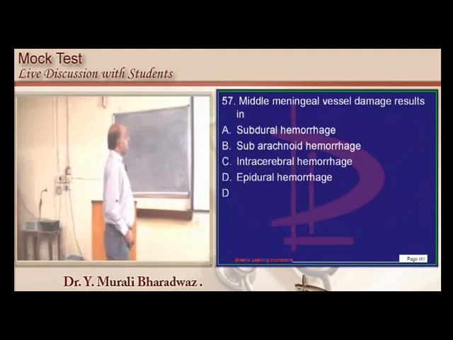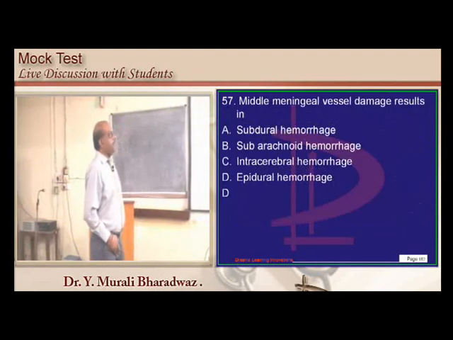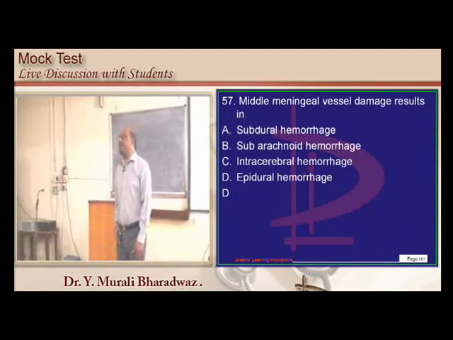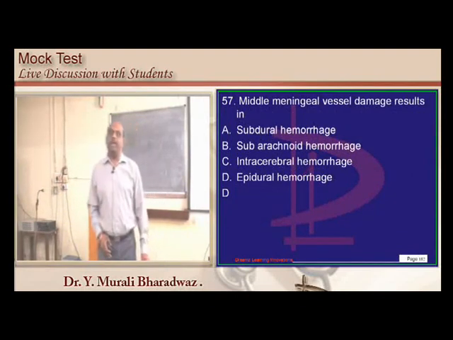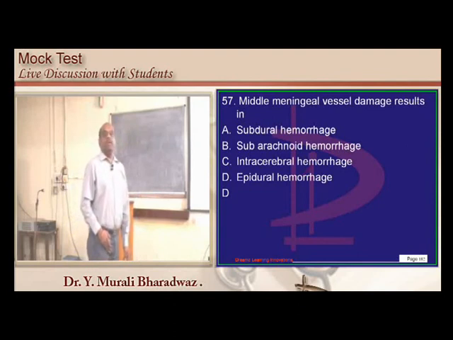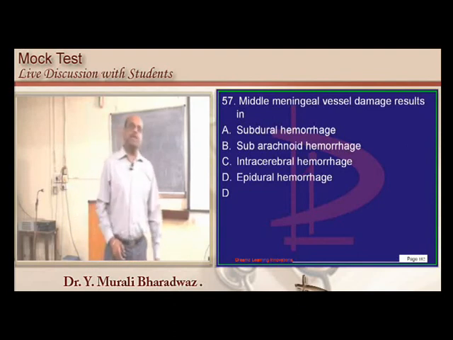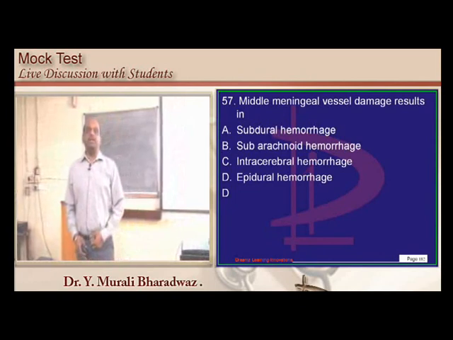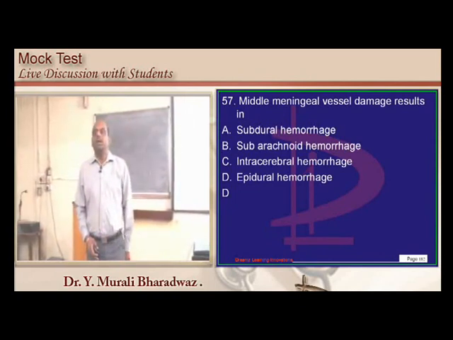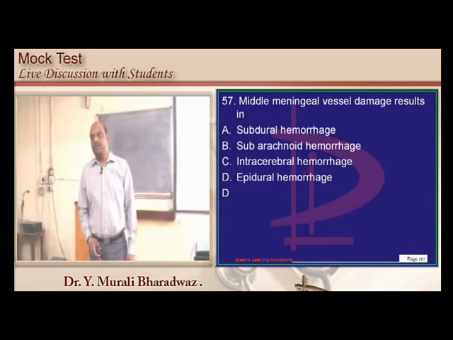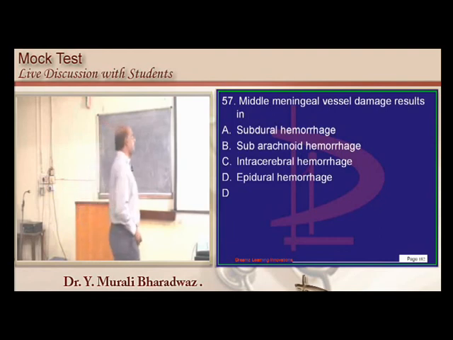Then middle meningeal artery, whenever it bleeds, it leads to arterial bleeding of the epidural hematoma. Subdural hematoma is always a venous bleeding. Subarachnoid hemorrhage occurs due to aneurysmal rupture of the circle of Willis, anterior communicating artery, most commonly, as all of you know.